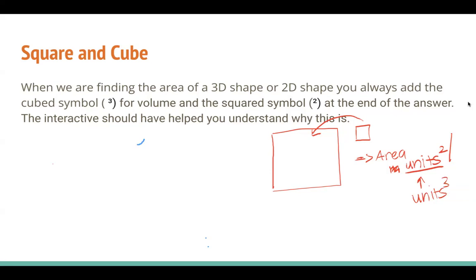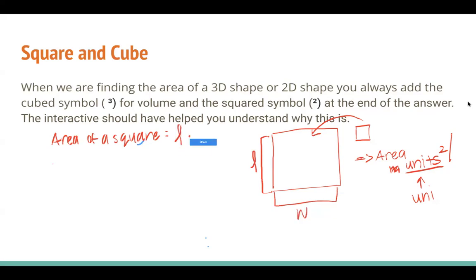Because when you have a square, let's say this side, the area of a square is going to be this side, which is called the length, times this side, which is called the width. So we're going to do length times width.